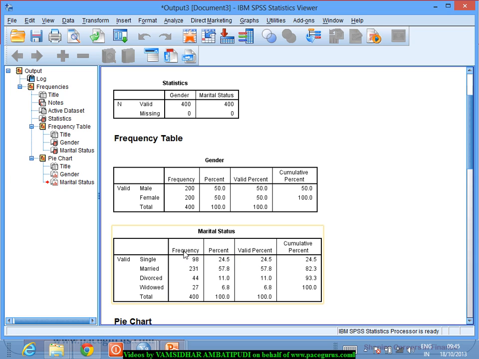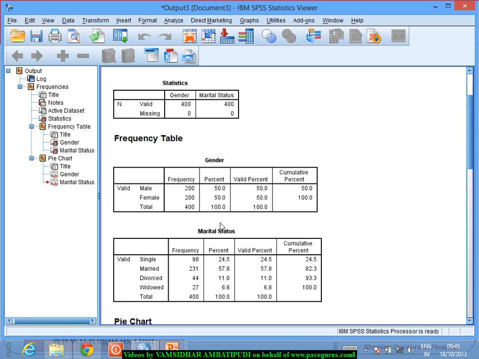So you can very well get the frequencies, the number in each of the groups, and the same thing in percentage form. So 50% of the total data is males and 50% of the total data is females.